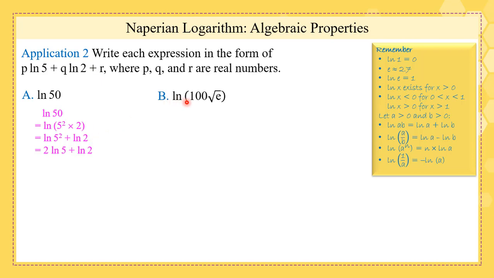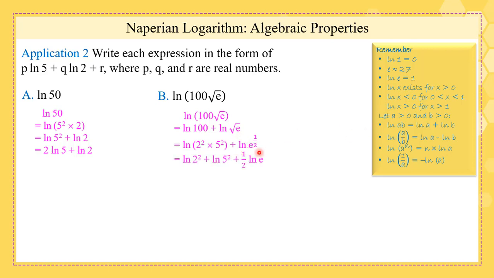Now ln of 100 radical e. Also try to do it alone. In fact, ln of 100 radical e, this is ln ab, could be written as ln a plus ln b, and ln 100 is ln of 2 squared times 5 squared, and radical e could be written as e to the power half.